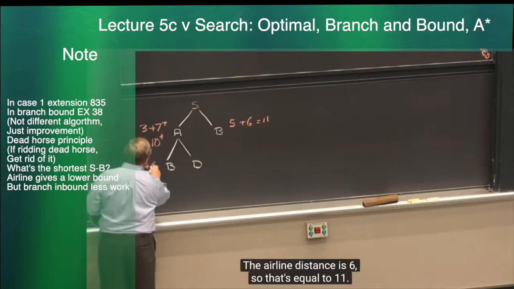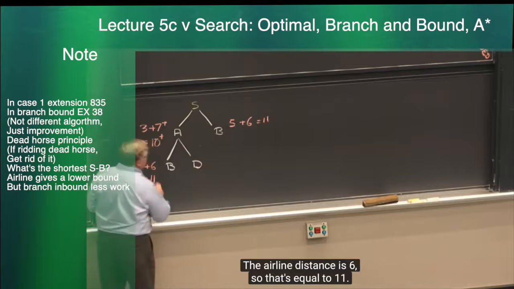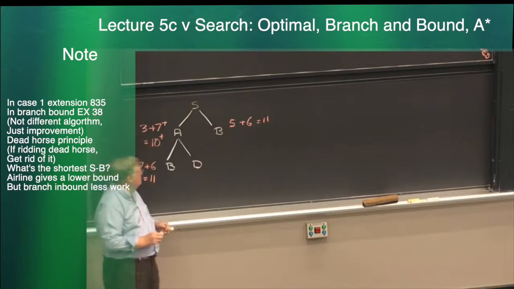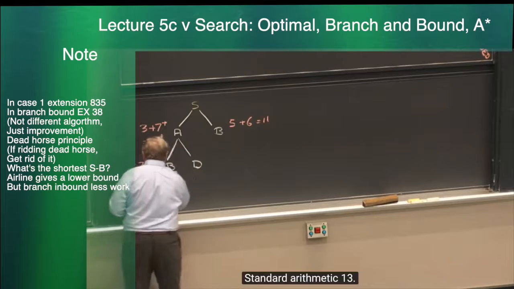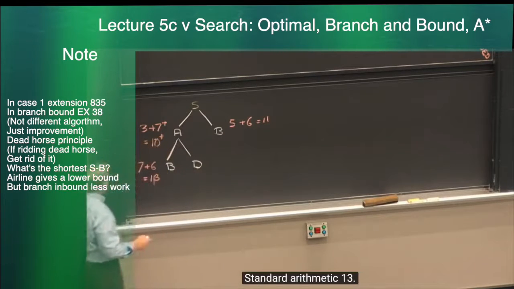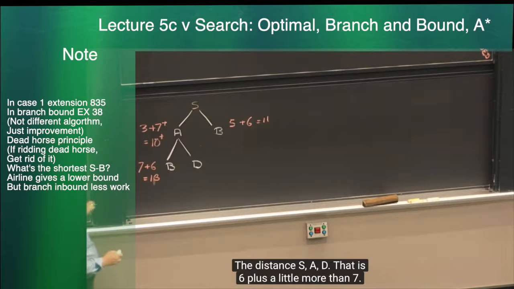The airline distance is 6, so that's equal to 13, by standard arithmetic. The distance SAD, that is 6 plus a little more than 7.